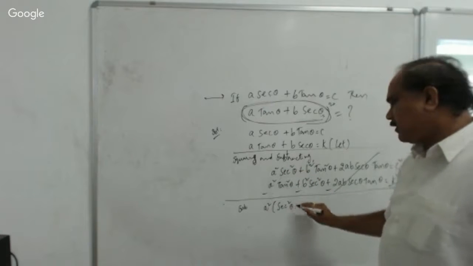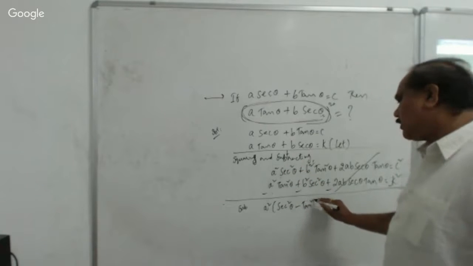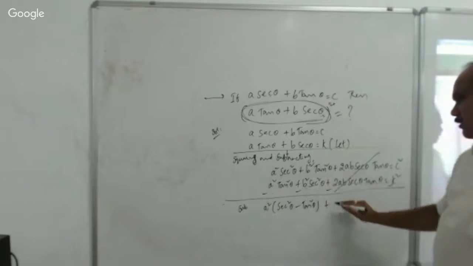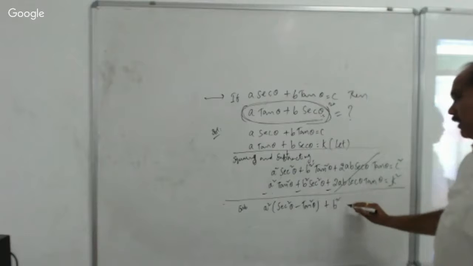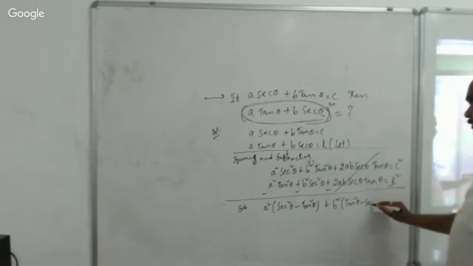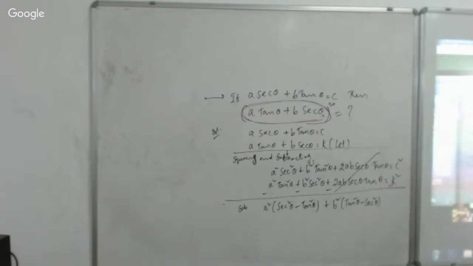And here b square is common, tan square theta minus secant square theta. Here c square minus k square.